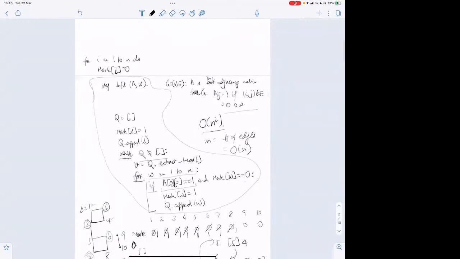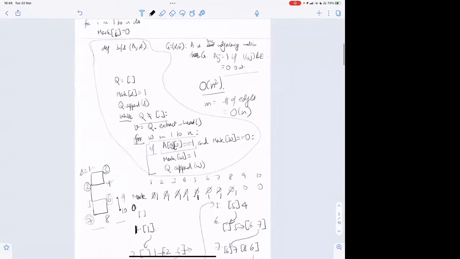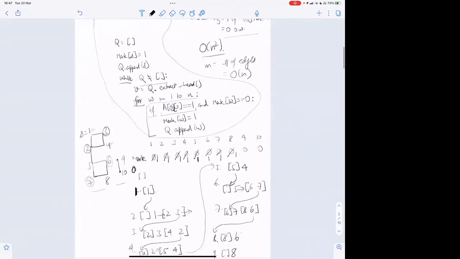Sir, if it's marked once, then it won't enter the queue, right? No, it will still enter the queue. For W in 1 through n, so this would still be n squared and each iteration would be n squared.